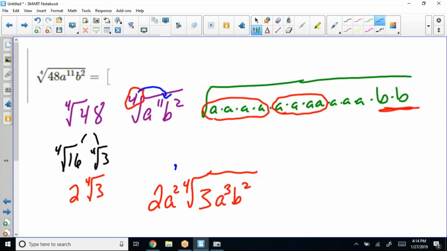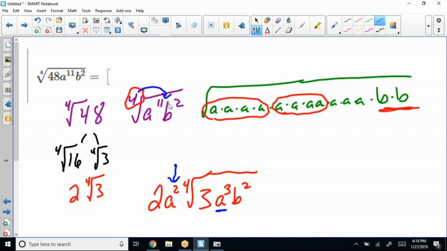So that's where this number comes from. And then how many are left over? 3, and they're back under here. And 4 doesn't go into 2 because that number's less than 4, right? Does that make sense?